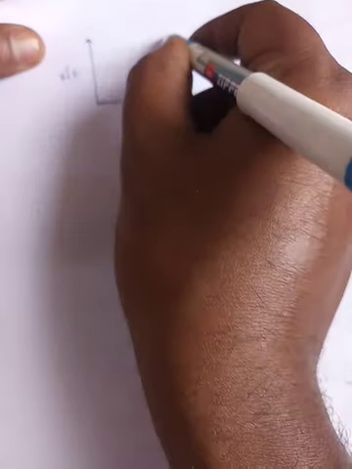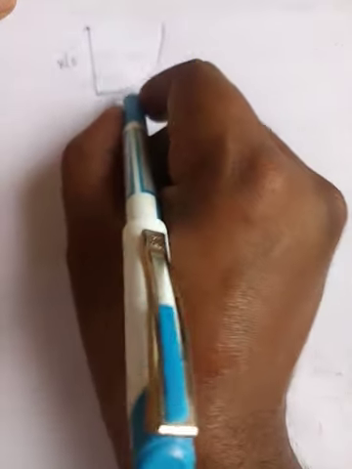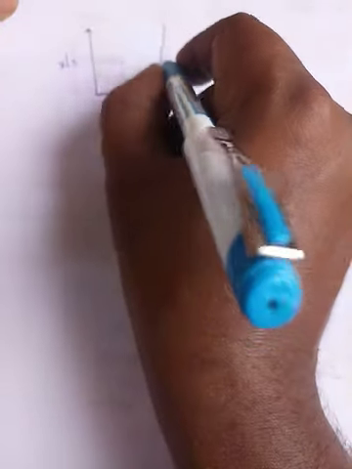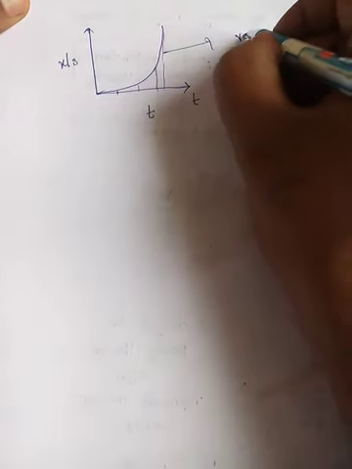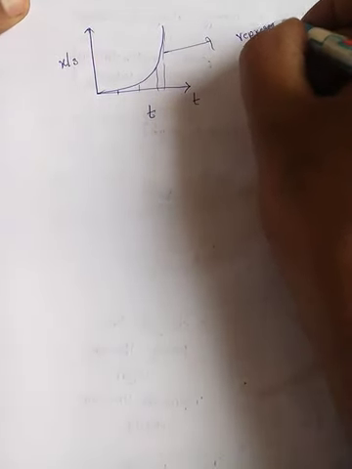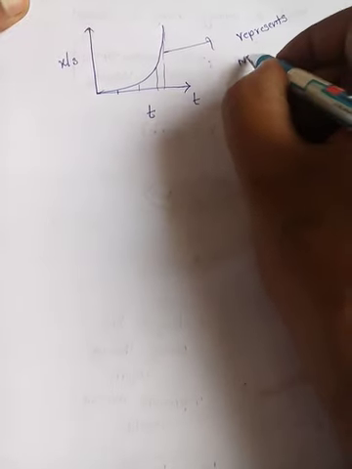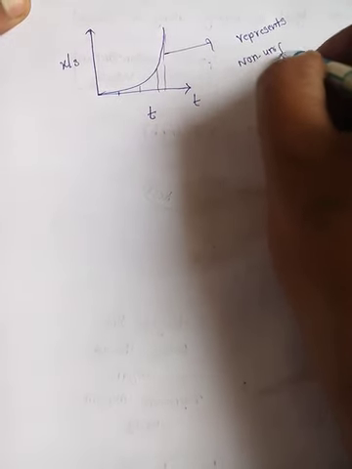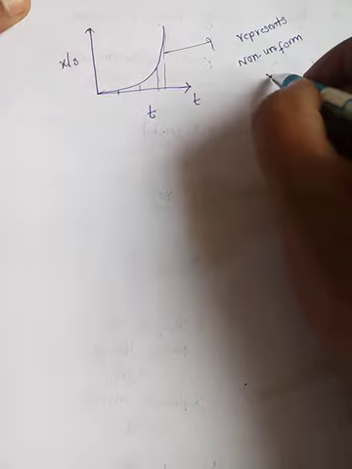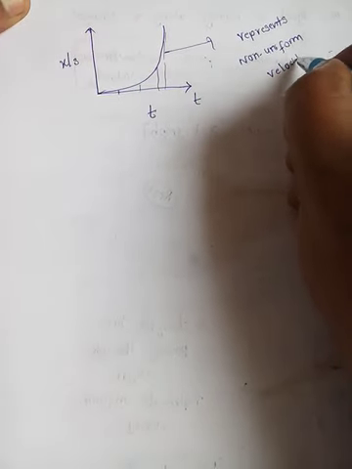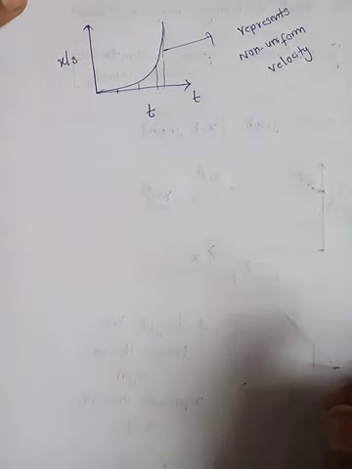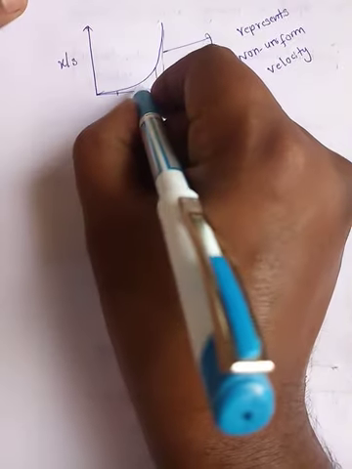Now see, in equal intervals of time it is not covering equal distances. So this body represents non-uniform velocity. So this graph represents non-uniform velocity. Now let us take the slope here.